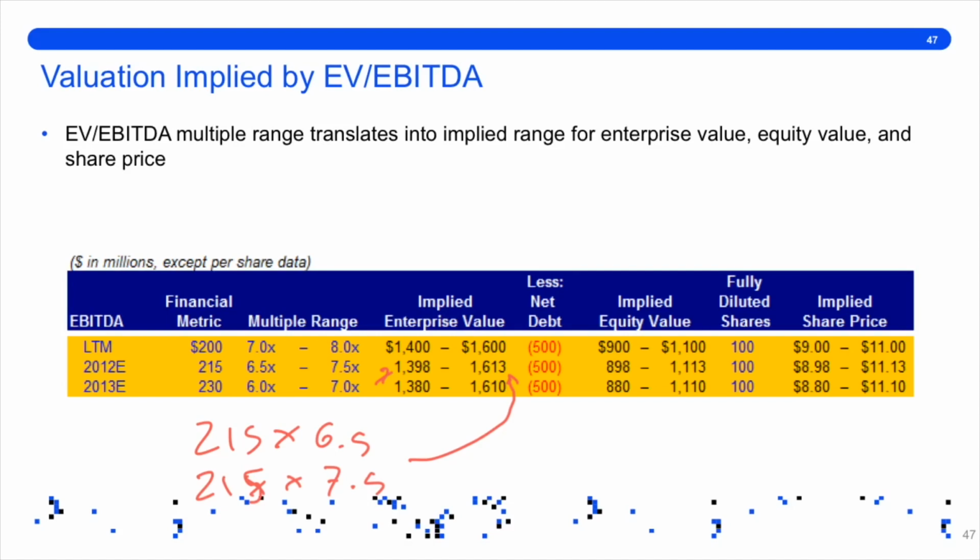And those give you a slightly different valuation range. Thankfully, they all overlap 95%, so basically that gives you some sort of range. The valuation, if you start from the enterprise value multiple, because you calculate the enterprise value range, you take away the debt, you calculate the equity value range, you divide it by the number of shares, you get the price range.